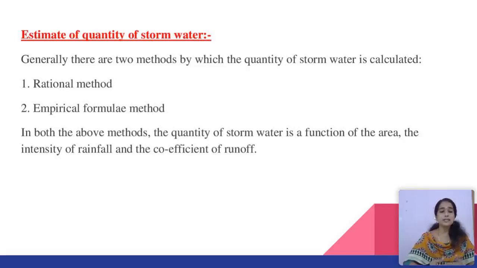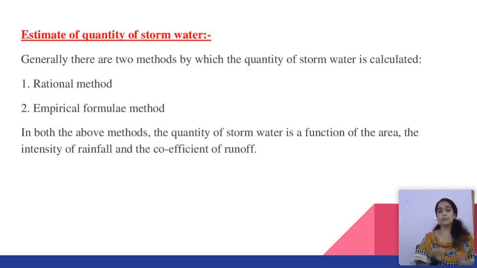For this, there are two methods: the first one is the rational method and the second one is the empirical formula method. In both of these methods, the quantity of stormwater is a function of area, the intensity of rainfall, and the coefficient of runoff. We are going to discuss the area, intensity of rainfall, and coefficient of runoff in the coming slides.